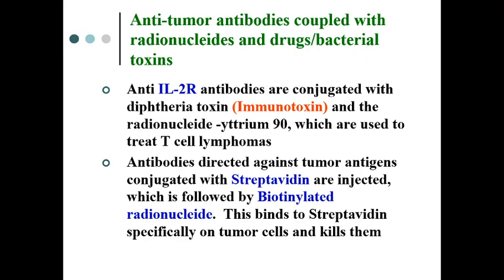As I had mentioned earlier, monoclonal antibodies can also be conjugated with streptavidin, and they are injected into the person suffering from a particular type of cancer. And as you know, biotin has strong affinity to streptavidin. The biotin can be conjugated to a radionuclide, or to any other chemotherapeutic drug, and delivered to the patient.